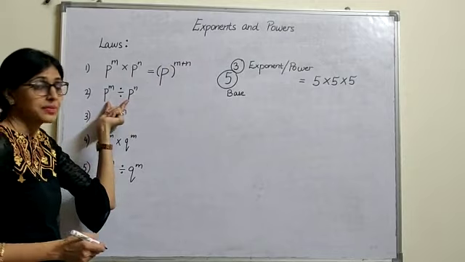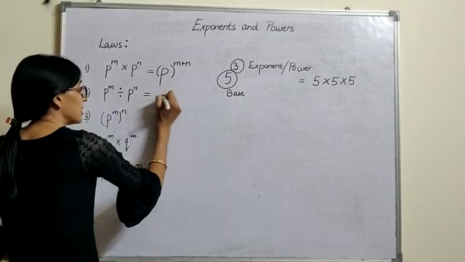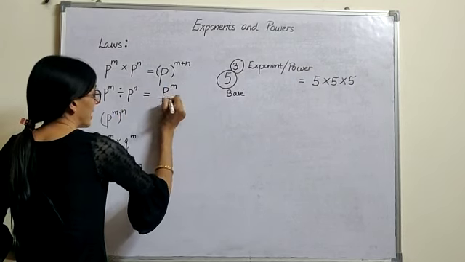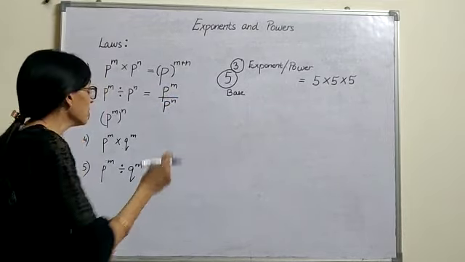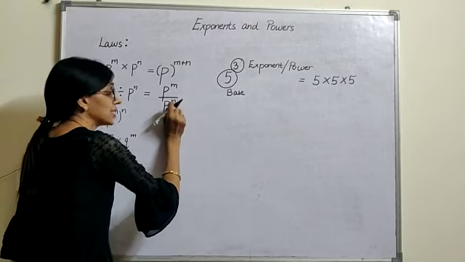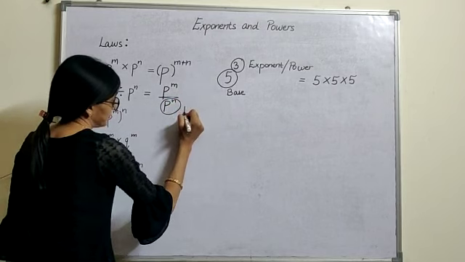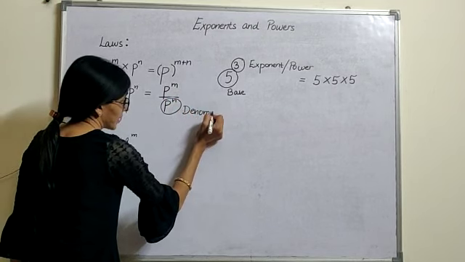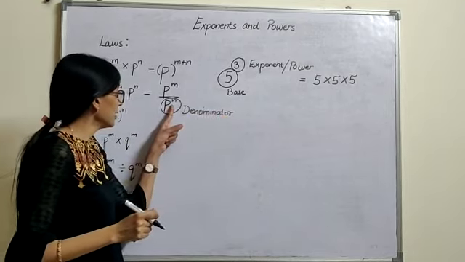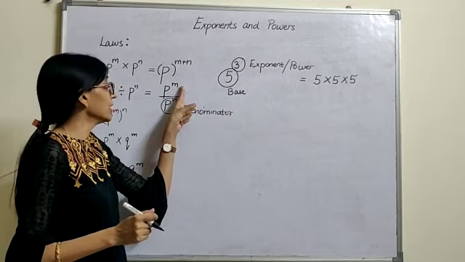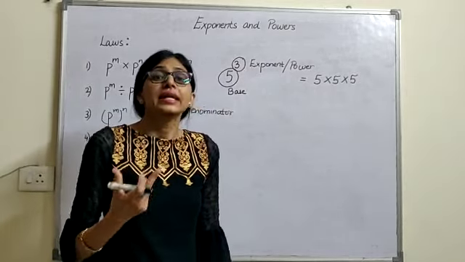Second law states base is same, but this is in division. So first we write as p raised to power m divided by p raised to power n. This is given to you when a power is positive in the denominator. This is the denominator and the power is positive. When I take the power from the denominator to the numerator, the sign of the power changes to negative.